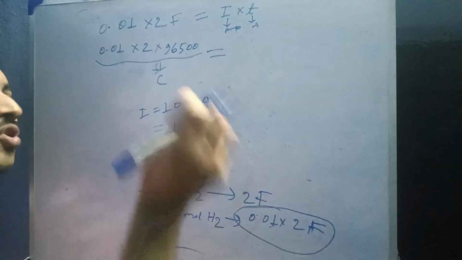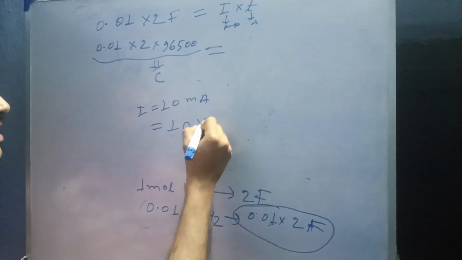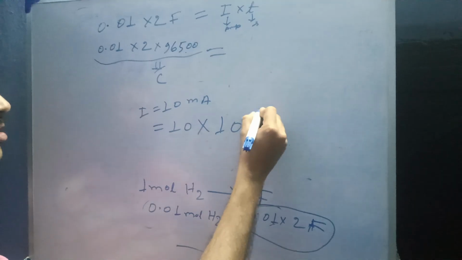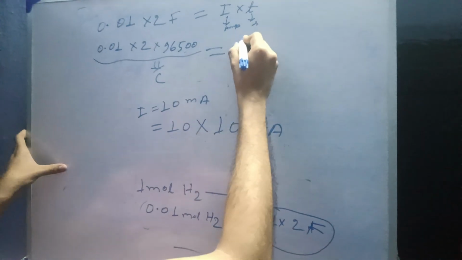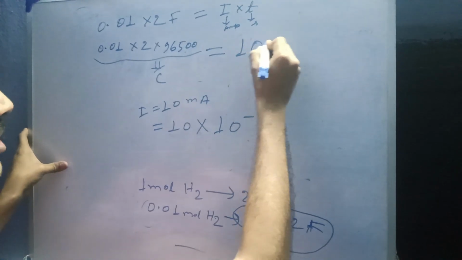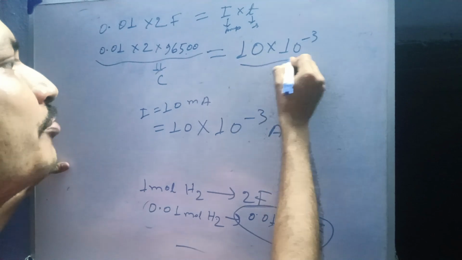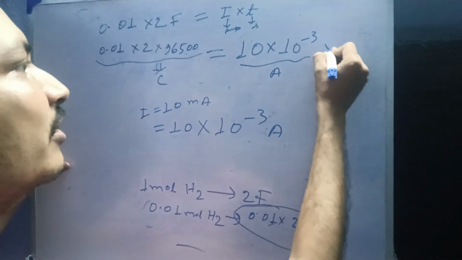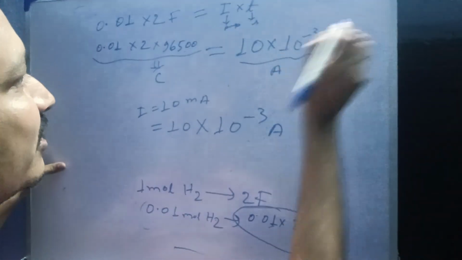So we have to convert this milliampere to ampere. Hence it is 10 to the power minus 3 ampere. So here I is 10 into 10 to the power minus 3 ampere, into T in second, and the question is what is the value of T.